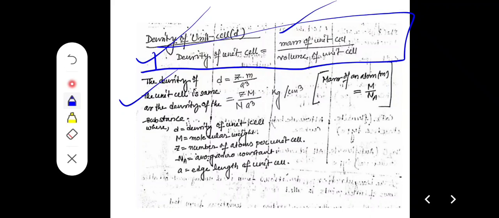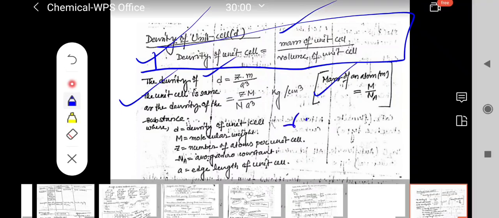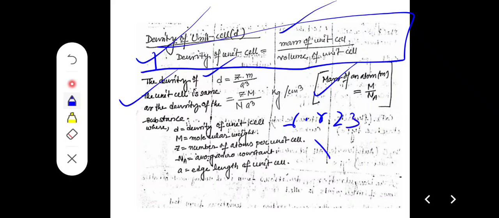D equals Z small m by a cube. But the mass of an atom, small m, we cannot determine directly, so mass of an atom small m equals capital M by Na. Na is the Avogadro number, 6.023 into 10 to the power 23.